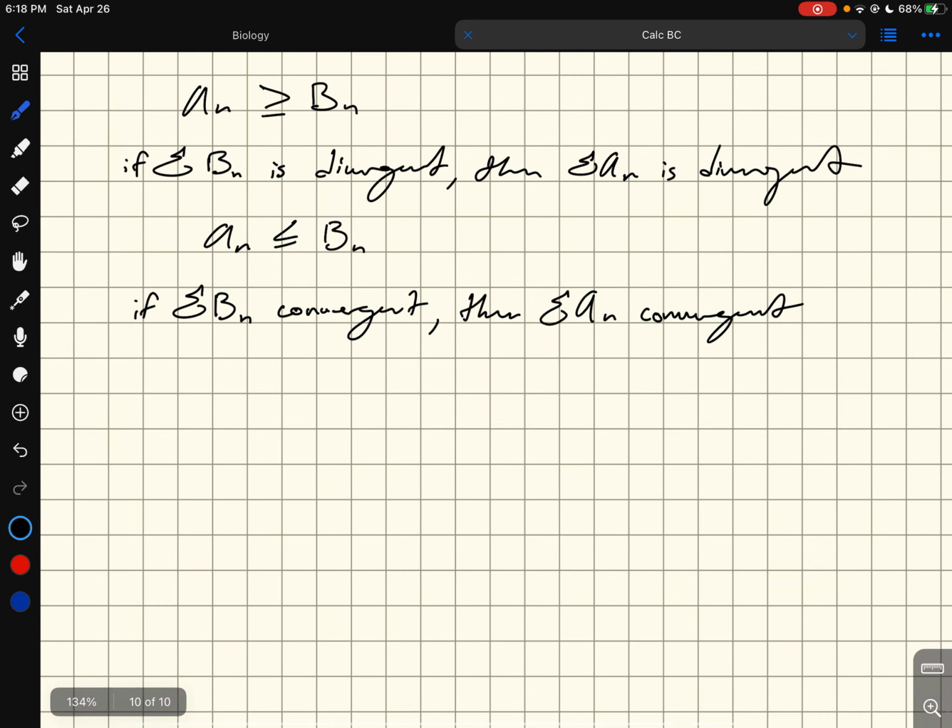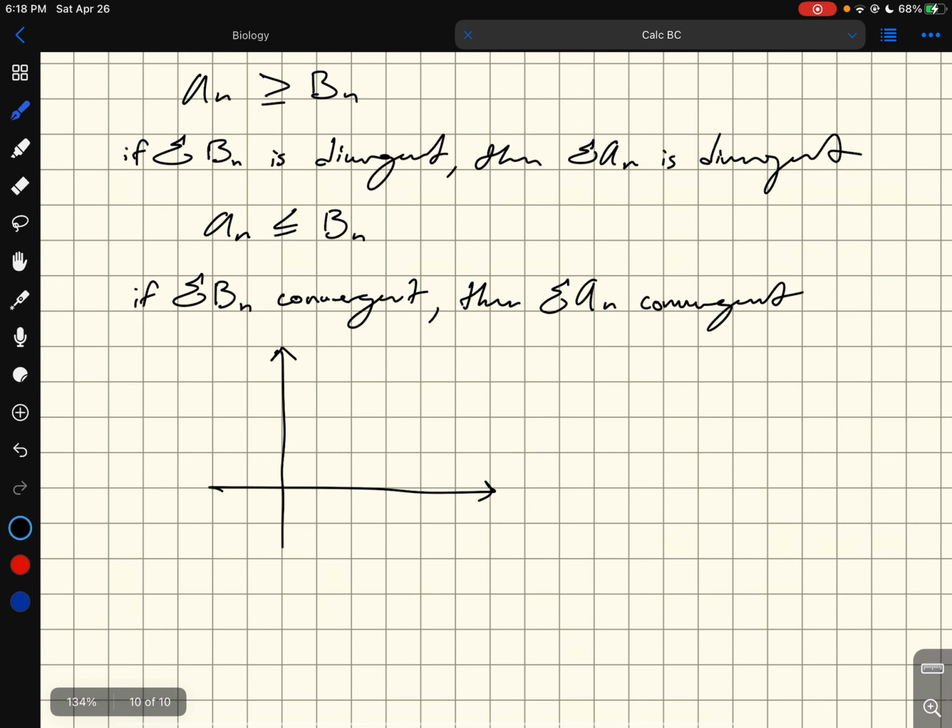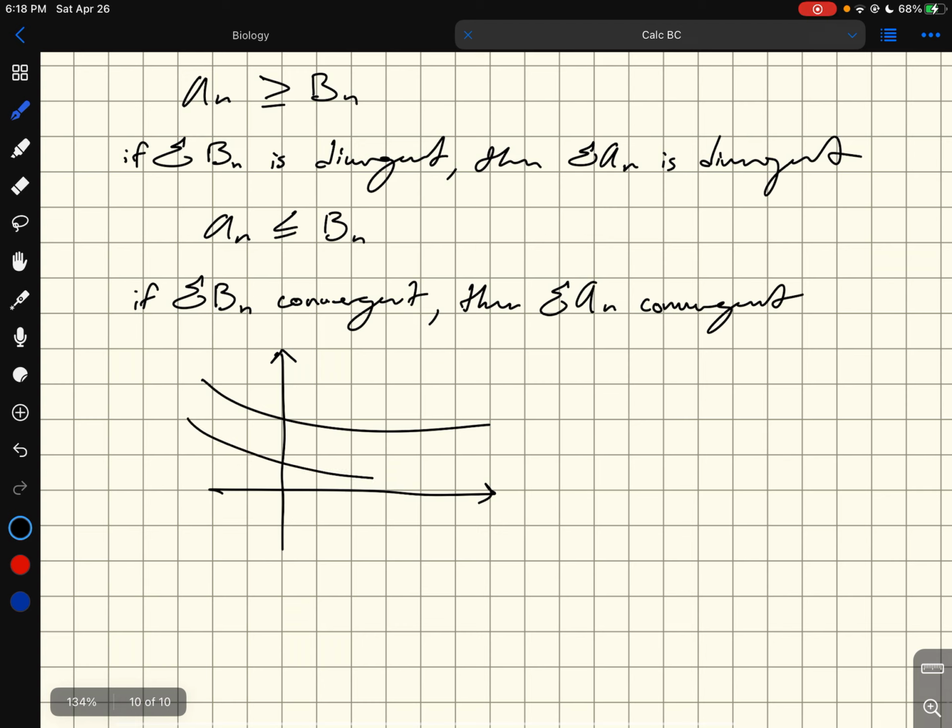So now we think about this one. We have our graph, and we have some functions again. I'm just going to draw them like this. So now this time B is bigger. So that's B, this is A. If this one converges, then this one has to converge, because this one's bigger than this one. You'd think the bigger one wouldn't converge, and maybe the smaller one would.